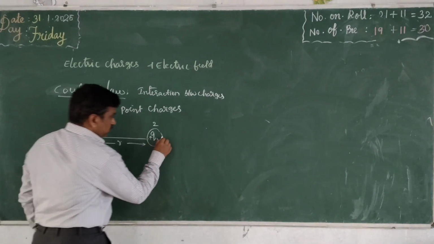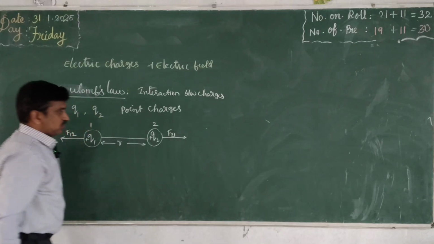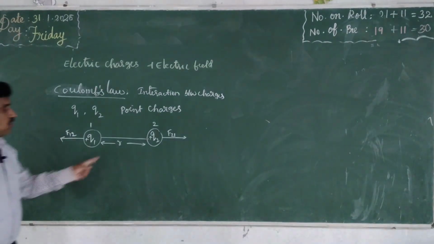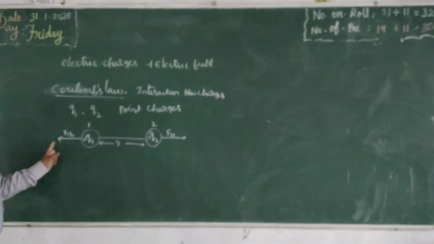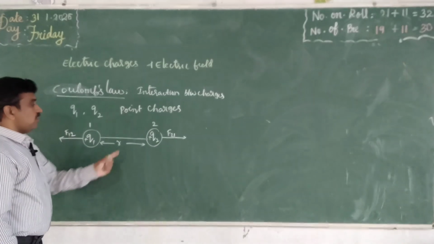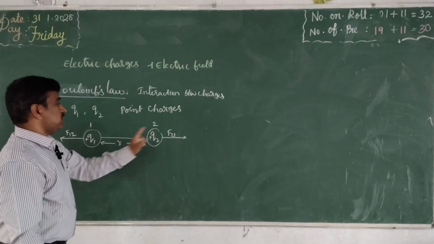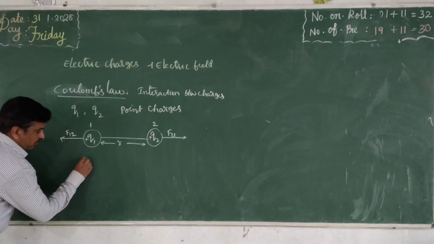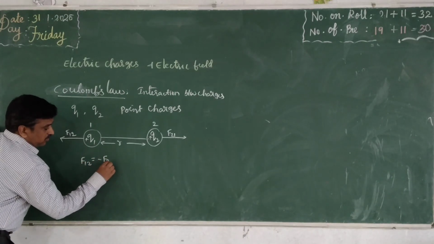Force on the second one due to the first charge is F21. So F12 is due to Q2 on Q1, F21 is the force on 2 due to Q1. See, F12 equals minus F21.